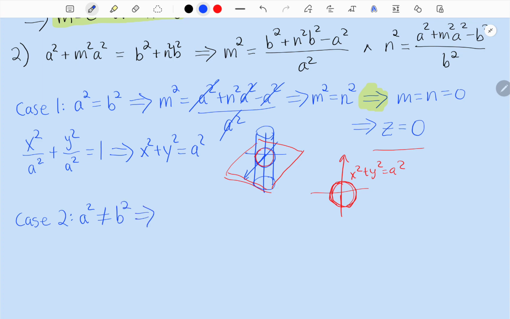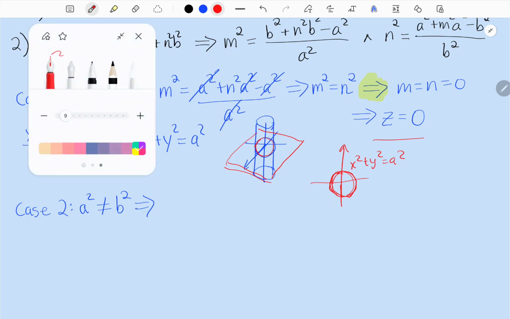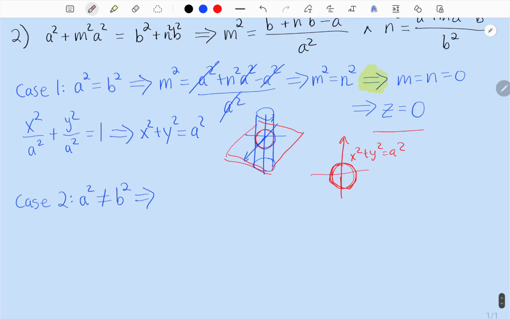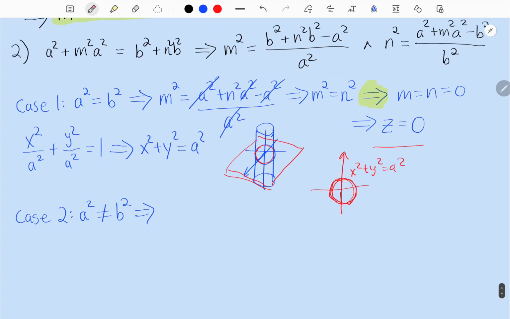This implies what? To do this problem, I will have to prove something else. Notice right over here, I stated from this line that if a squared was equal to b squared, this implies that m and n are both equal to 0.